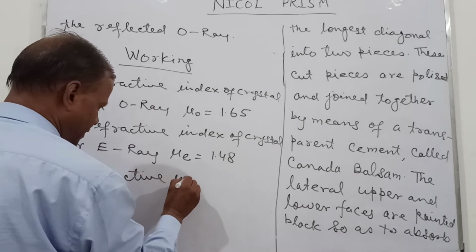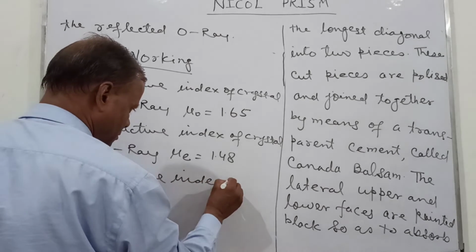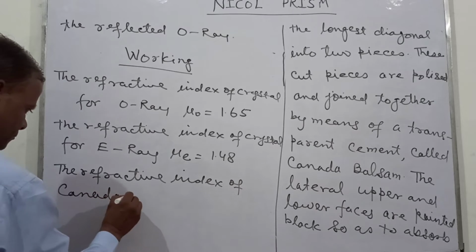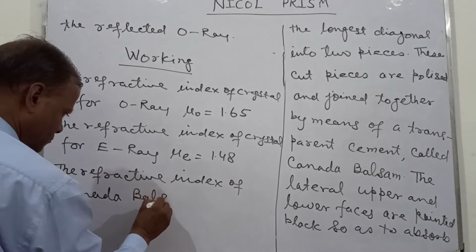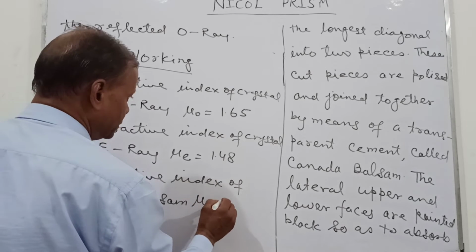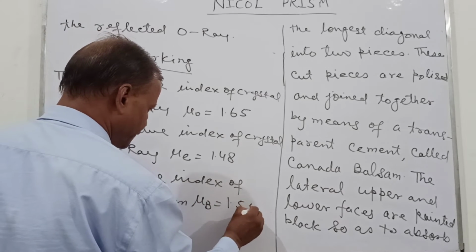The refractive index of Canada balsam is equal to 1.55.